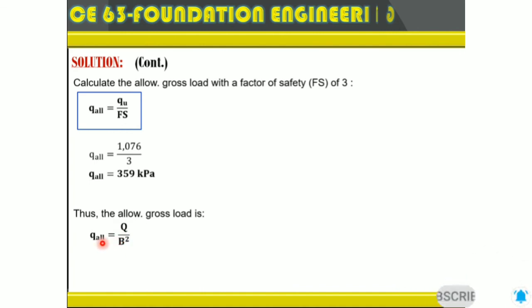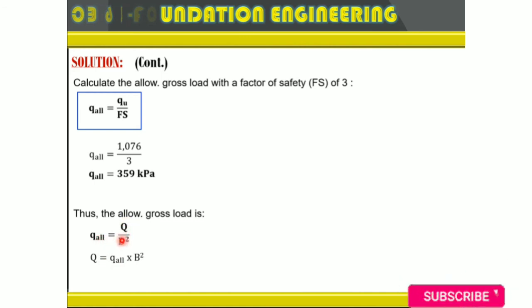We have calculated this q allowable, which is 359, and the width of the foundation is 2 meters, so there's no reason we cannot get the value of our allowable gross load Q. The allowable gross load, capital Q, is just equal to the product of small q allowable times B squared.